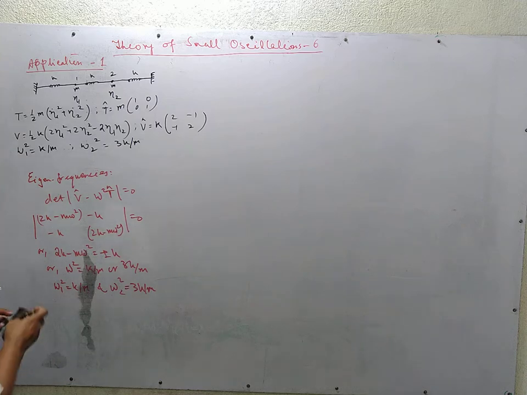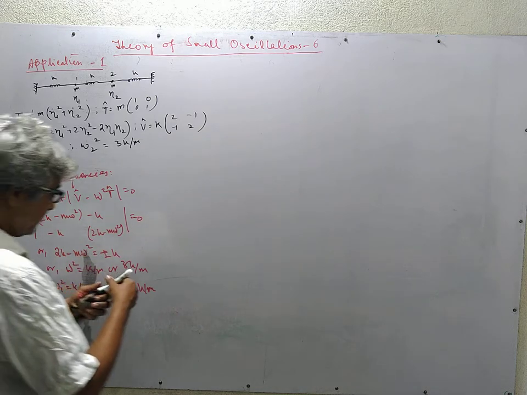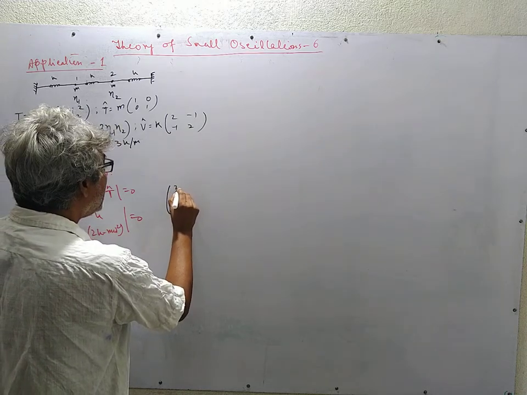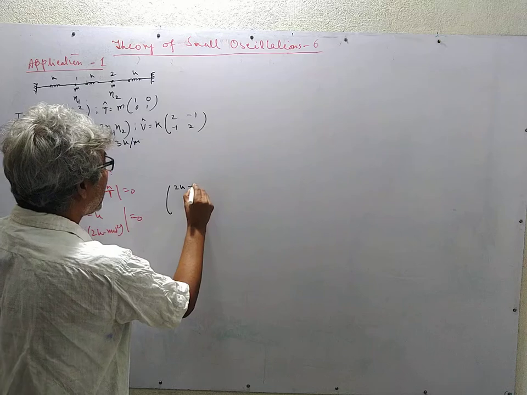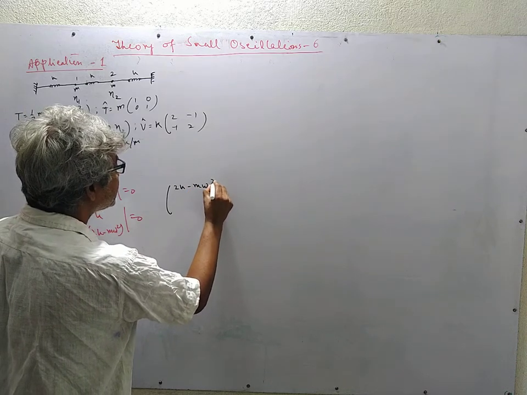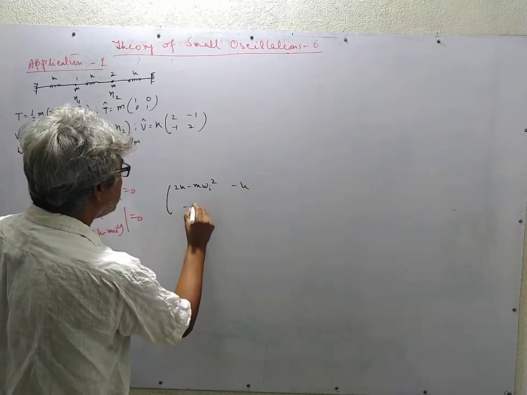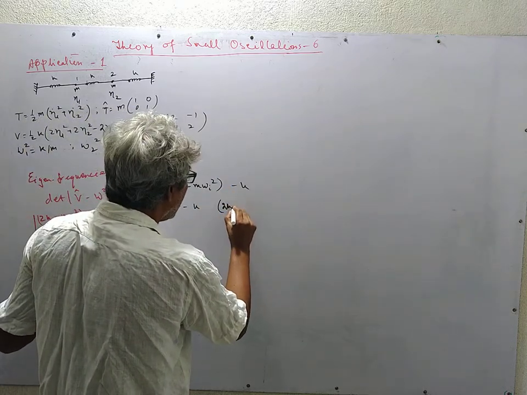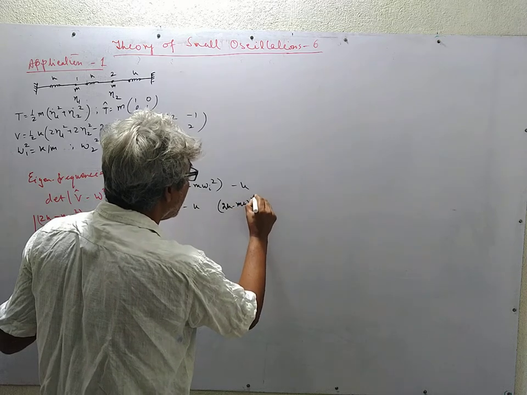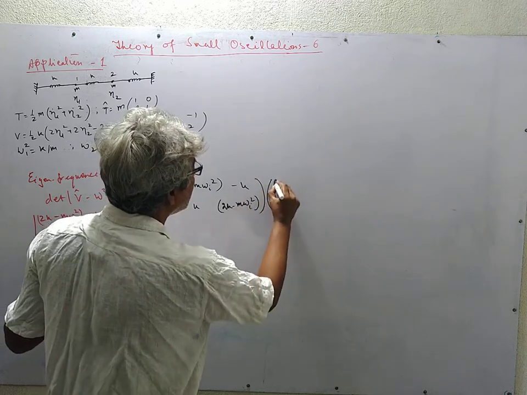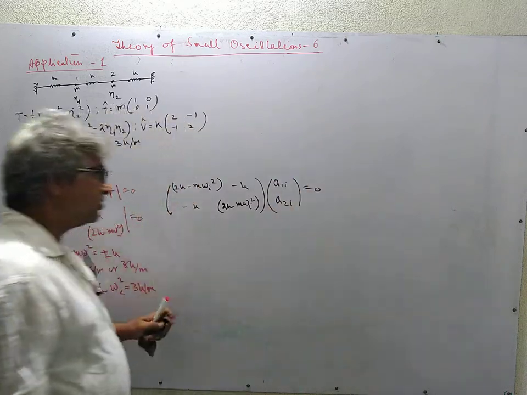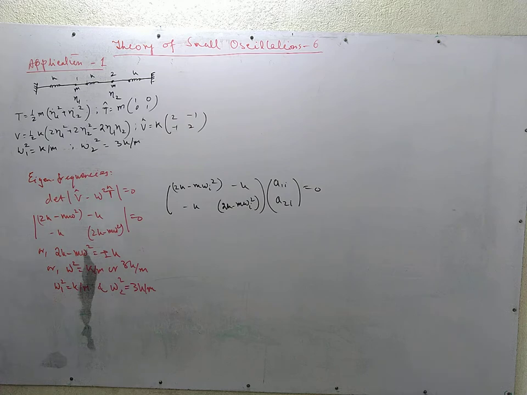The eigenvectors are obtained from this equation, which looks very similar to this: the matrix with 2k minus m omega i square, minus k, minus k, 2k minus m omega i square, times (a1i, a2i) is equal to 0. This gives us the eigenvectors.